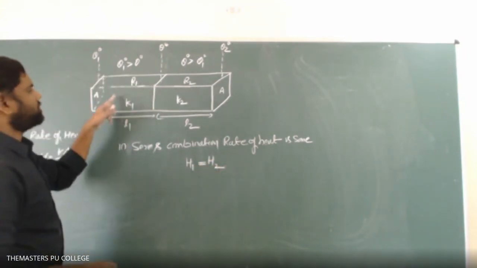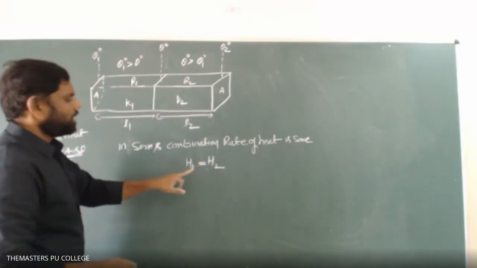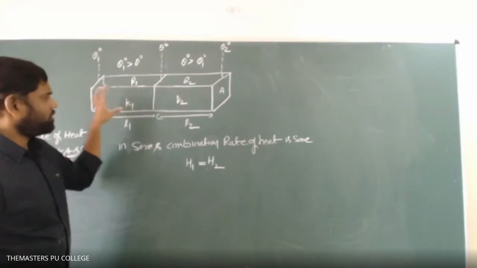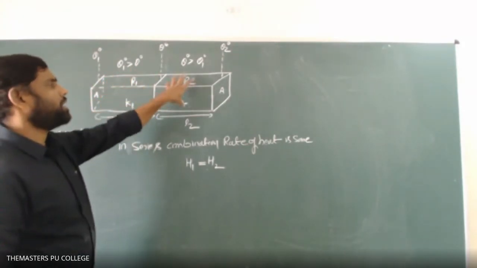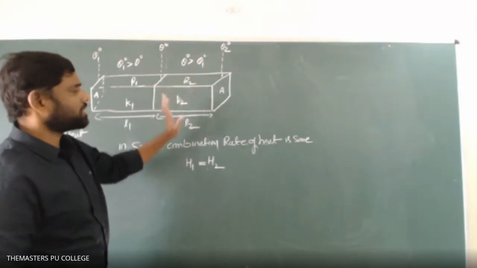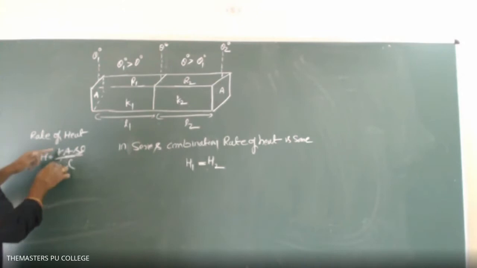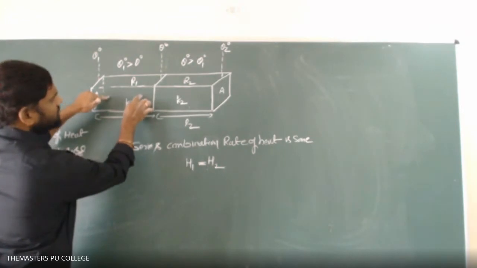H1 is the rate of heat through this rod, H2 through this rod. Whatever amount of heat flows from this rod per second is the same as the heat flowing from this rod per second. Already we have discussed that. According to this, H is equal to product of Ka delta theta upon L, so H1 is the heat flow in the first rod per second.